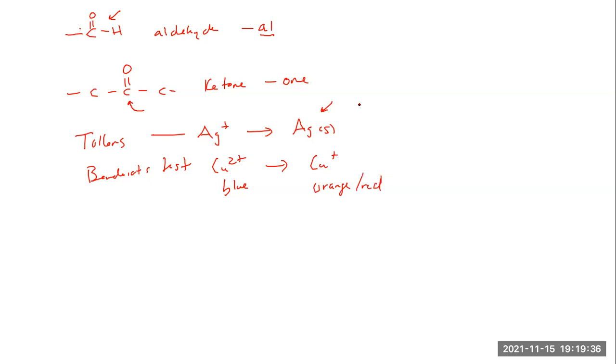Both of these signal that oxidation has occurred and a carboxylic acid has been made. We use this to distinguish whether we're starting with an aldehyde or a ketone, depending on whether the carboxylic acid is actually formed.